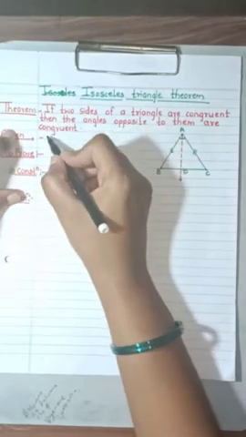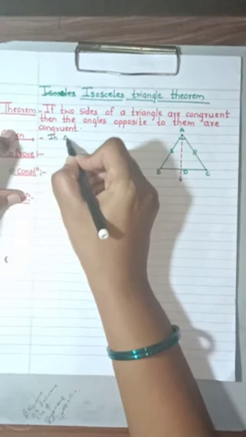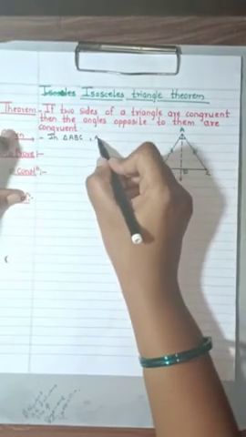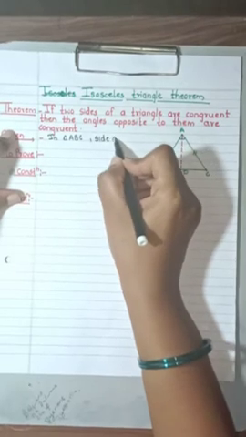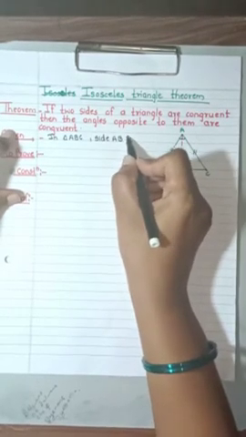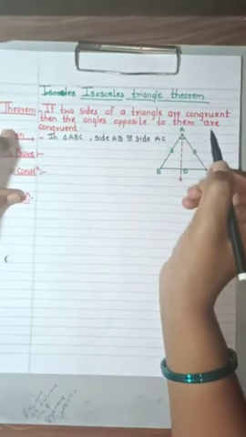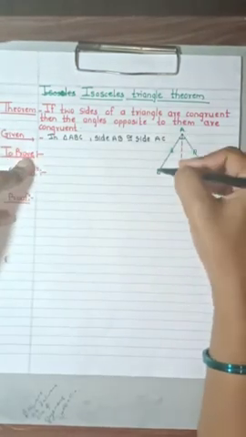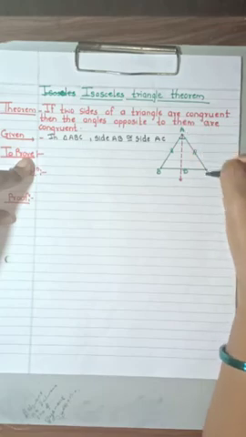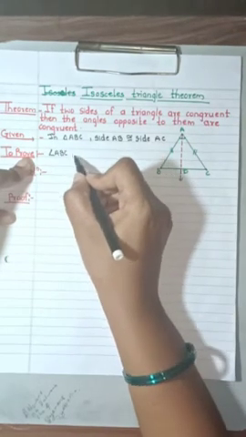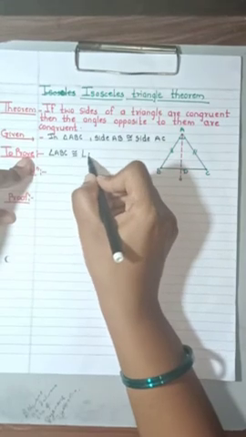So I'll write down here, in triangle ABC, side AB is congruent to side AC. You have to prove that angle ABC is congruent to angle ACB.